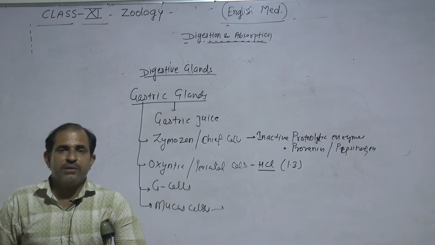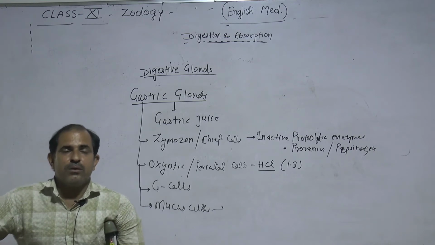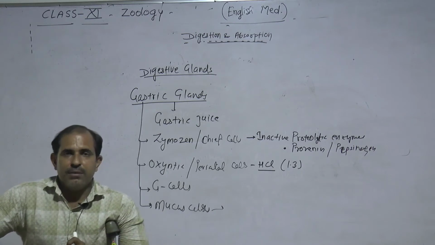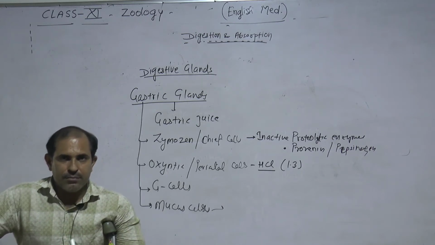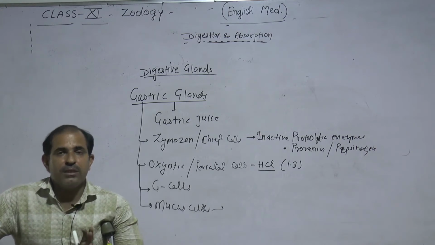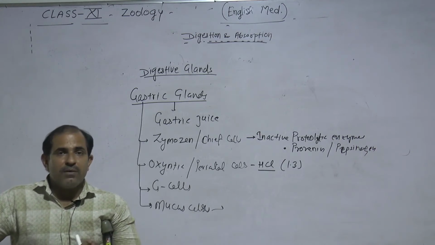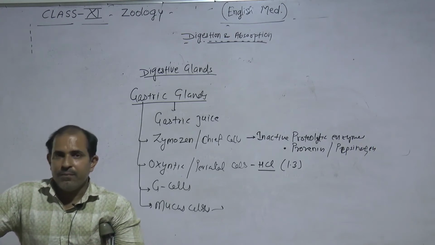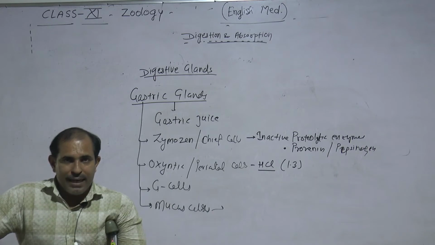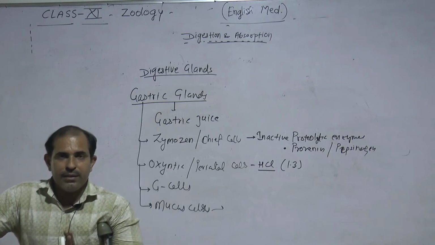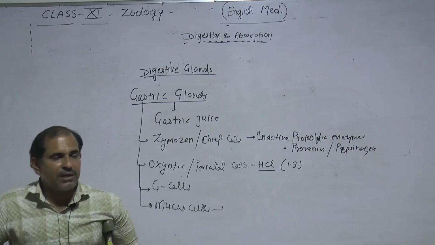The first function is to activate inactive proteolytic enzymes. It means prorenin and pepsinogen are activated by HCl. The HCl converts prorenin into active renin, whereas inactive pepsinogen is converted into active pepsin.